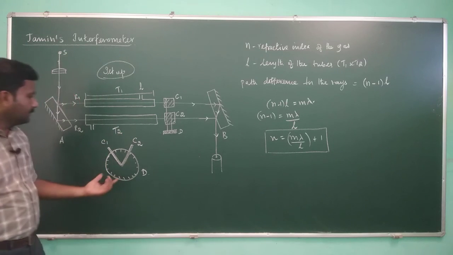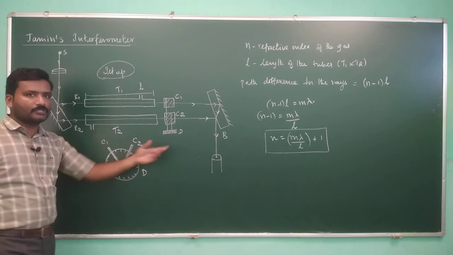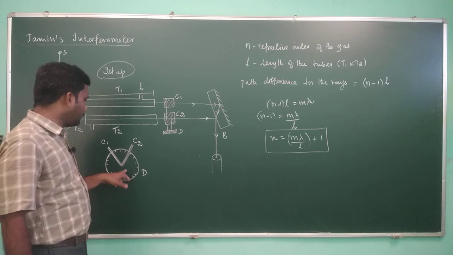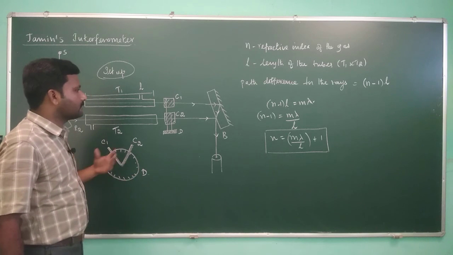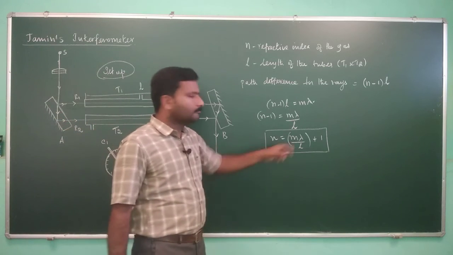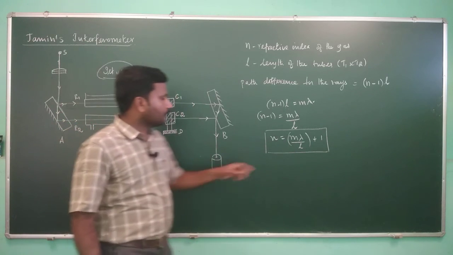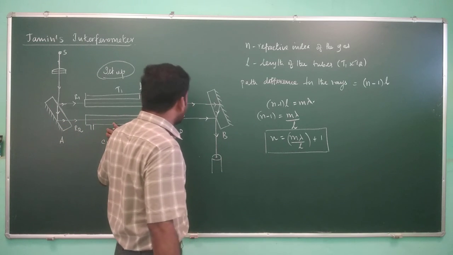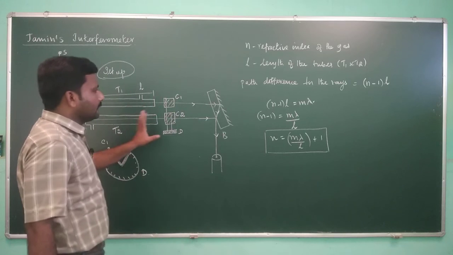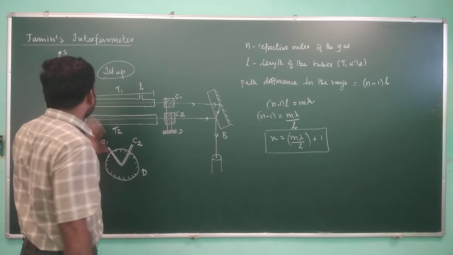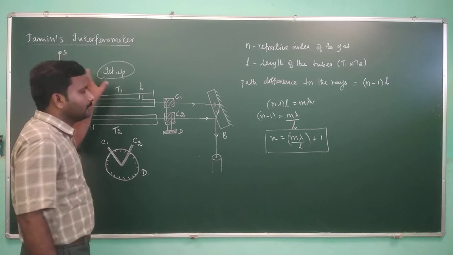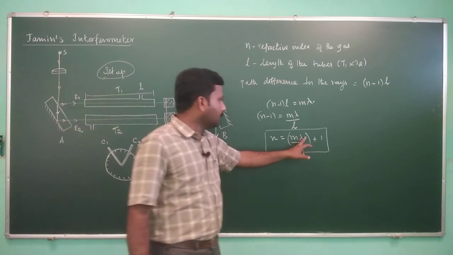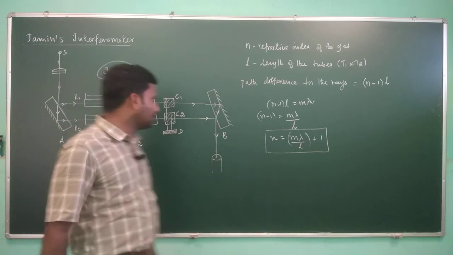One point is that there is a disc, which is a circular scale. This scale itself gives you the direct value of the refractive index of the gas material, that is, m and the refractive index. As this is an experimental setup, the light source used and the length of the tube are predefined, so lambda and L are predefined.